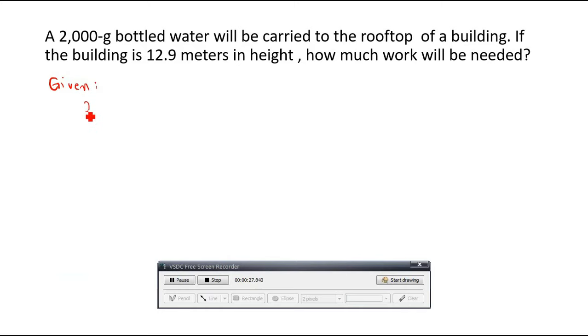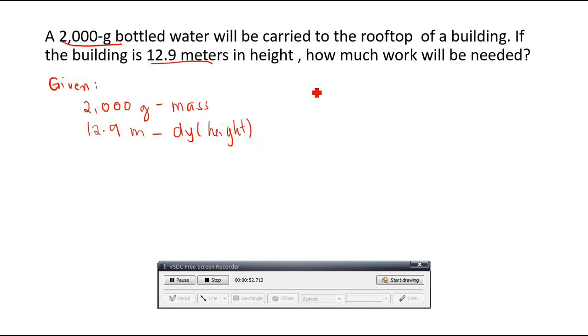Given we have 2,000 grams and 12.9 meters. Basically this is your mass because it's expressed in grams, and this is your dy, or your height. That's the vertical displacement or distance.